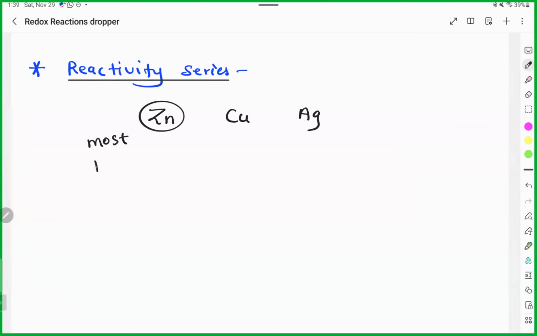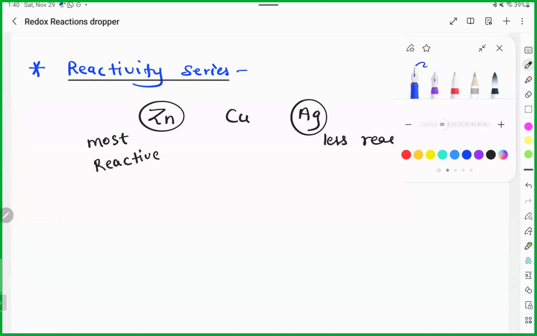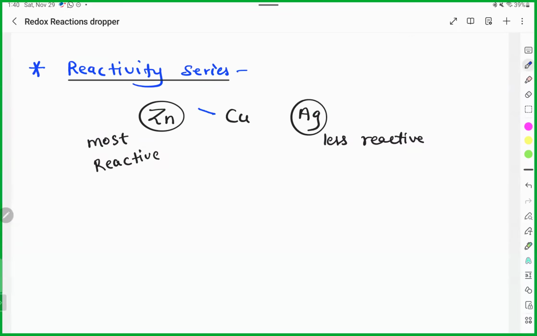And silver is the least reactive. I'll tell you that series also. So, what we are trying to say is that the most reactive element can replace a less reactive element, but ulta is not possible. Less reactive element can't replace more reactive element.